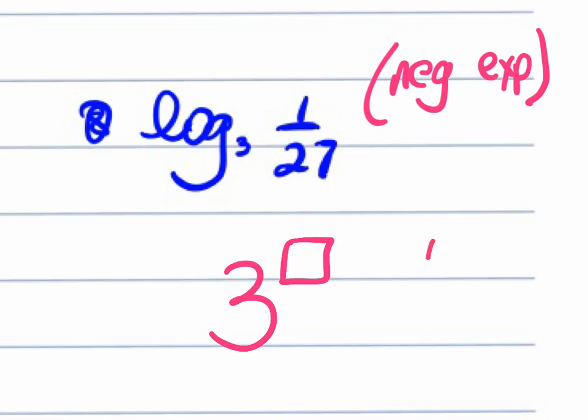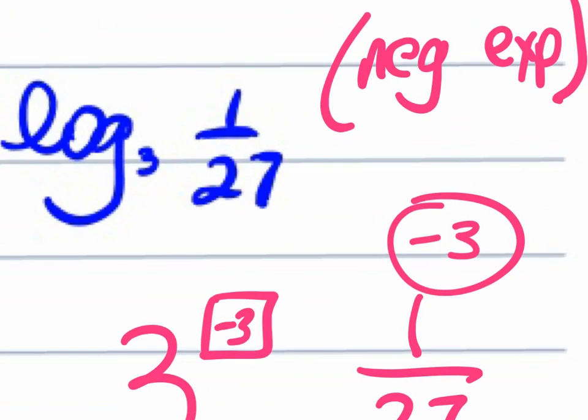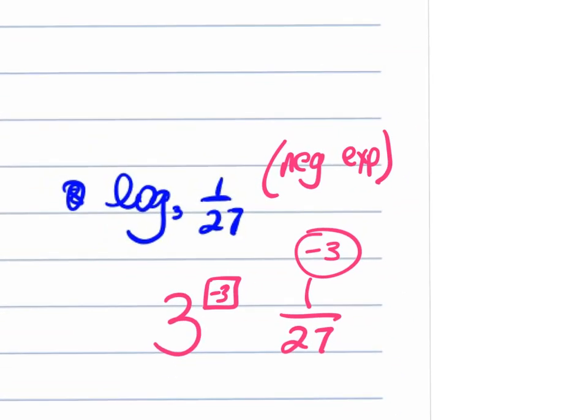I don't want 27, though. I want 1 over 27. So it's negative 3. Another way that you can look at that is, could I write 1 over 27? This is really 1 over 27 to the first power, right? If I brought the 27 up, it would be 27 to the what? 1. To the what? To the negative 1, right? So if you did that, then you could see also how it becomes negative 3.